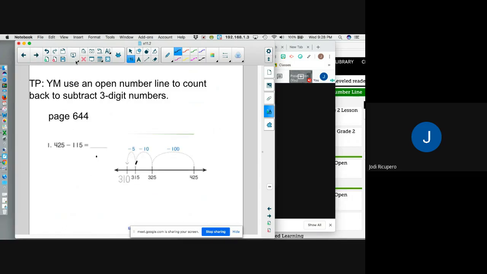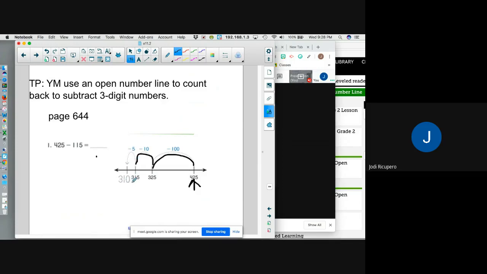Look at page 644. Let's look at how they solve this problem. 425 take away 115. Once again, they started to the right, at 425. They subtracted 100 to get 325. They subtracted the 10 to get 315. And they subtracted the 5 to get 310.